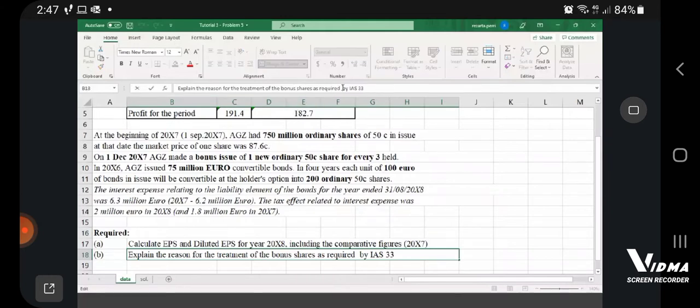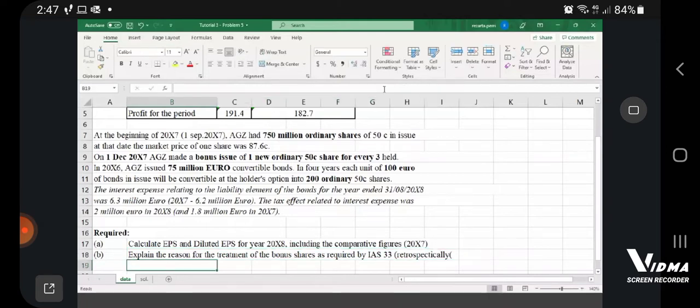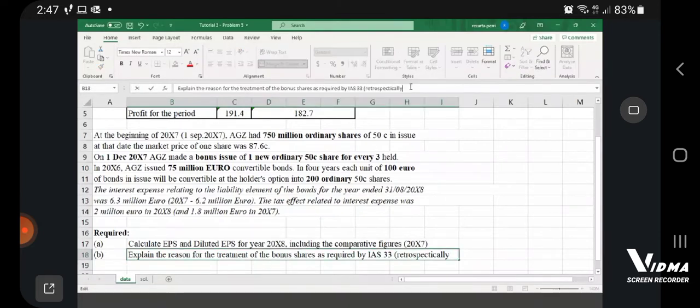What does that mean? We know that the bonus issue should be treated retrospectively. That means that we should take back the effects of the bonus issue into the past as far as we can.